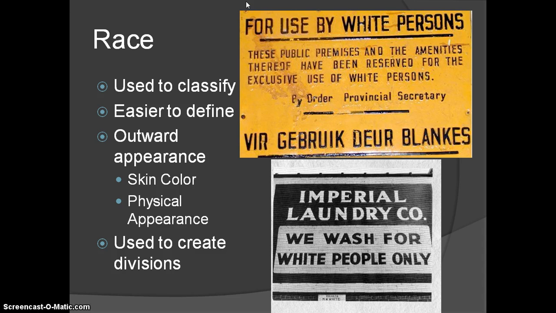You had areas for people from India, also people of mixed race, and so they even did it by varying degrees of color. The bottom picture is from the Jim Crow South era, where establishments were divided up among racial groups, for white and for black.